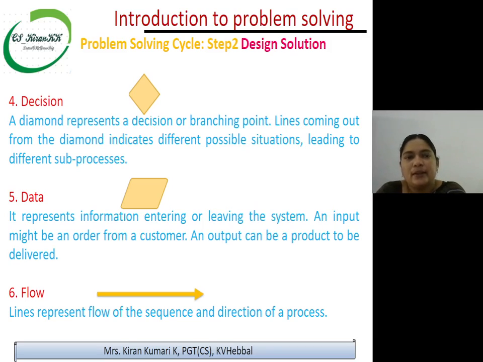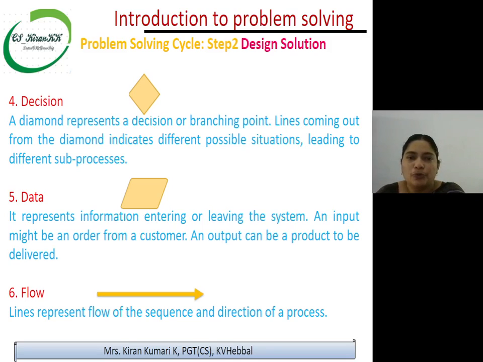Then coming to data. When we have read two input variables, that is A comma B, and we have displayed the value of A if A is bigger than B, or the value of B if A is smaller than B, that is input and output.